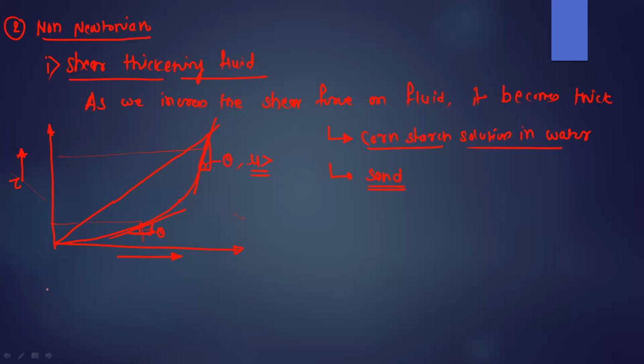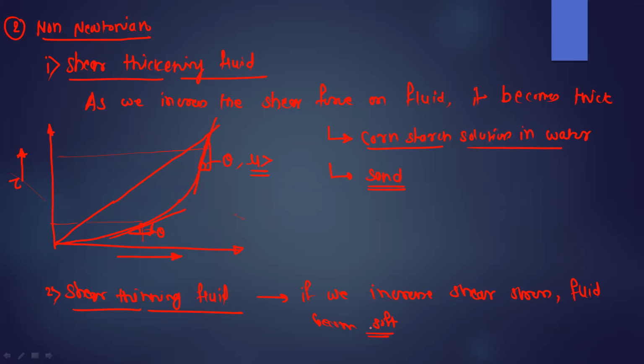Okay, next type we have is the shear thinning fluids. That means if we increase the shear stress, then the fluid becomes soft. That means it will start flowing.